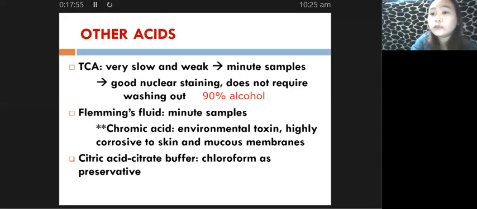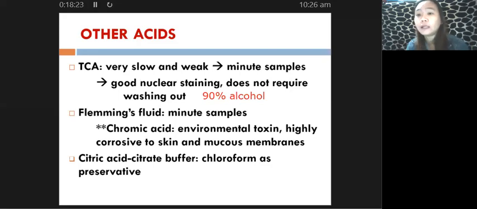So before we go to the other ways by which you can perform the decalcification process, may I just mention some of the stains which are utilized after acid decalcification. Remember that one of the steps which will be greatly affected if you perform the decalcification process is your staining step.